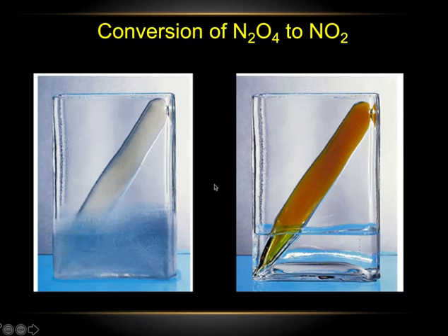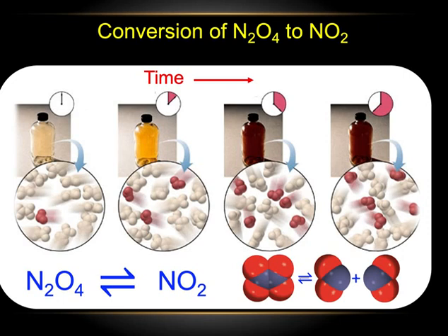And if you want to study this conversion, you can follow the so-called kinetics of this. We find that this is a sample of N2O4 which has partially been converted into NO2. As time passes, more and more NO2 is forming, and as a consequence, the color of this gas is changing from almost colorless to pale to brownish to dark colored.